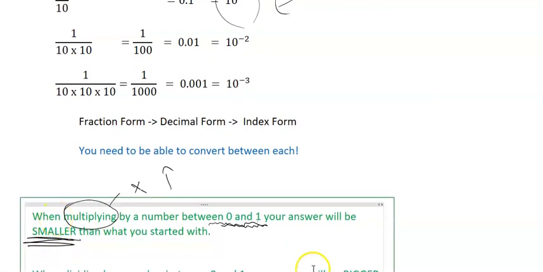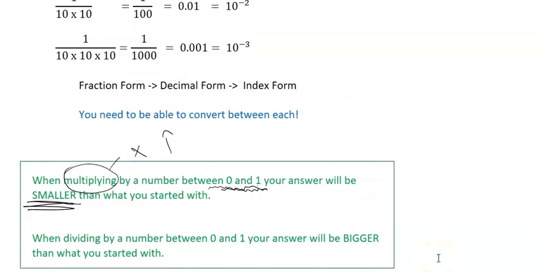That's the same effect when dividing by a number less than 1. Your answer ends up bigger than what you started with. So whenever you are multiplying and dividing by anything less than 1, it does the opposite. The answer does the opposite to what you would normally expect when you're multiplying and dividing.